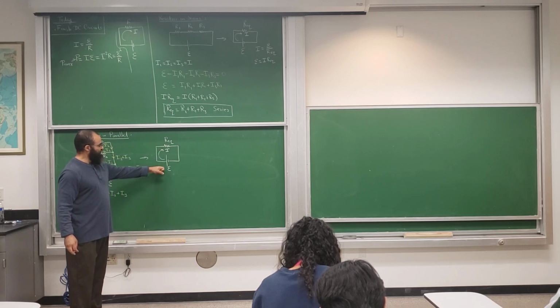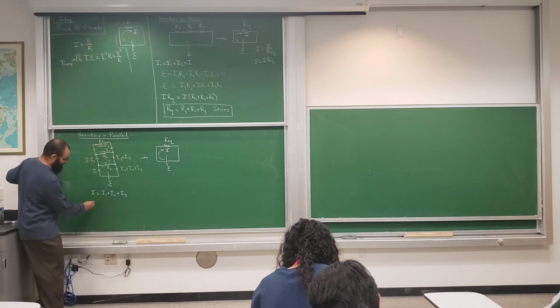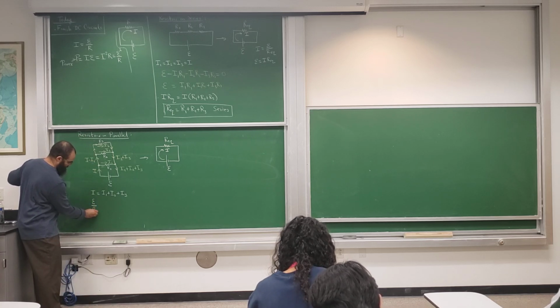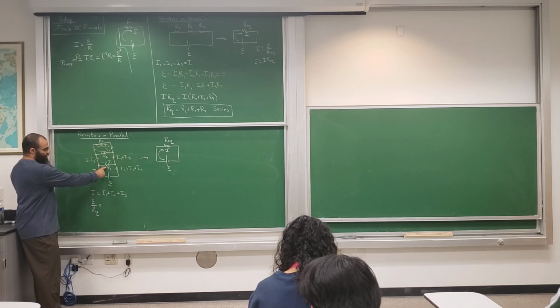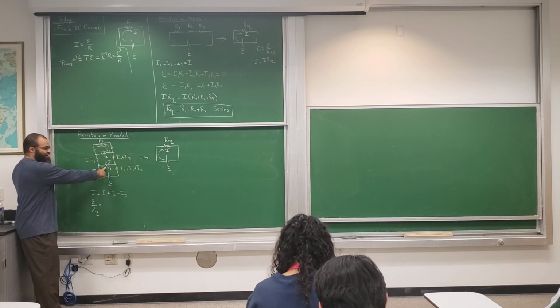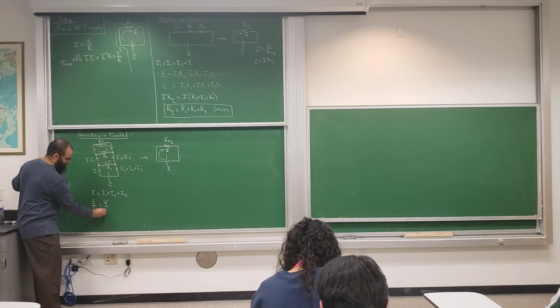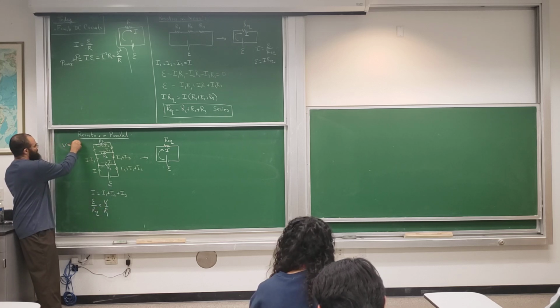E over R equivalent is equal to I. I1 will be V1, the voltage across R1, over R1, because V is equal to IR.